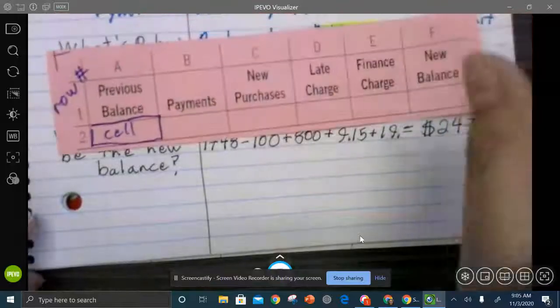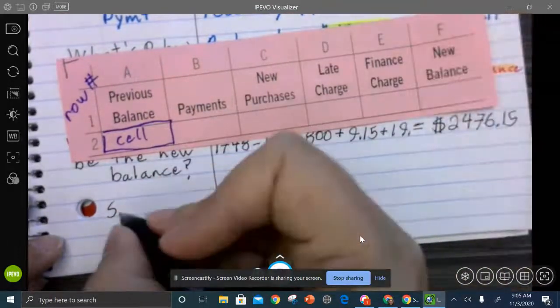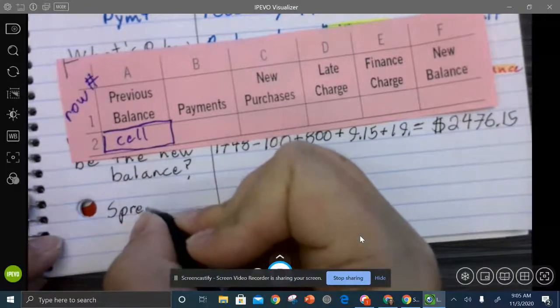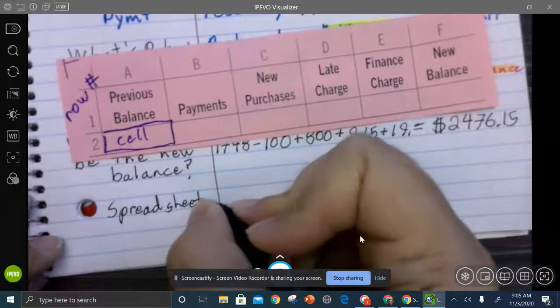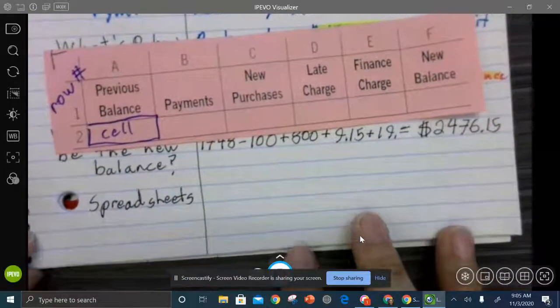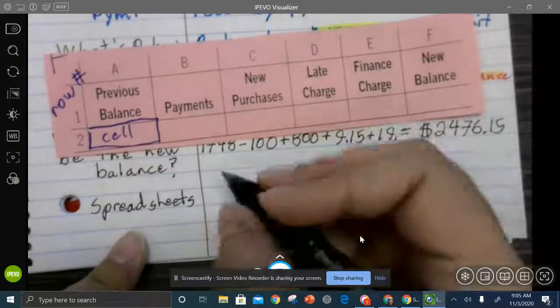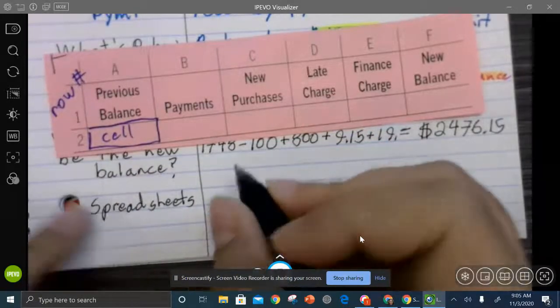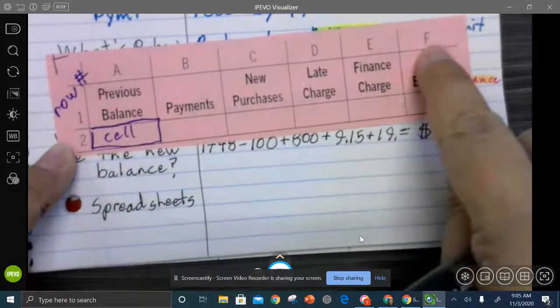Okay. So this, everybody, is if we're looking at a spreadsheet, which we would use in Excel. They also have spreadsheets in Google Docs as well. If you look at this, this is the row, this is the column.